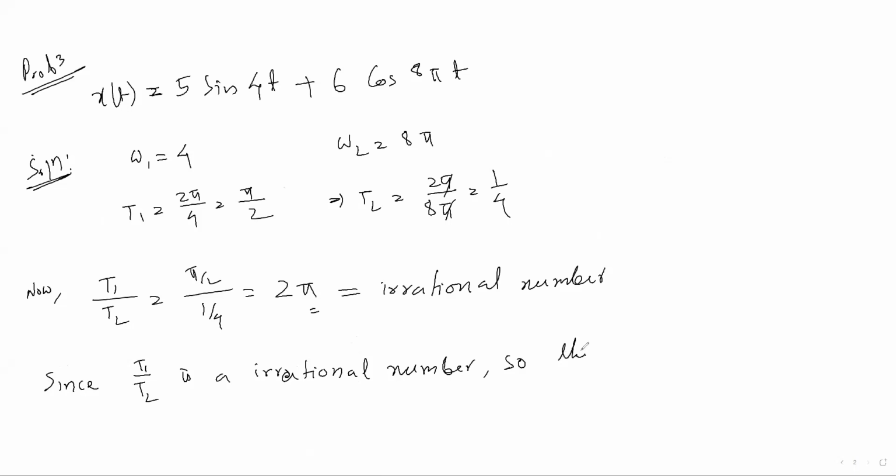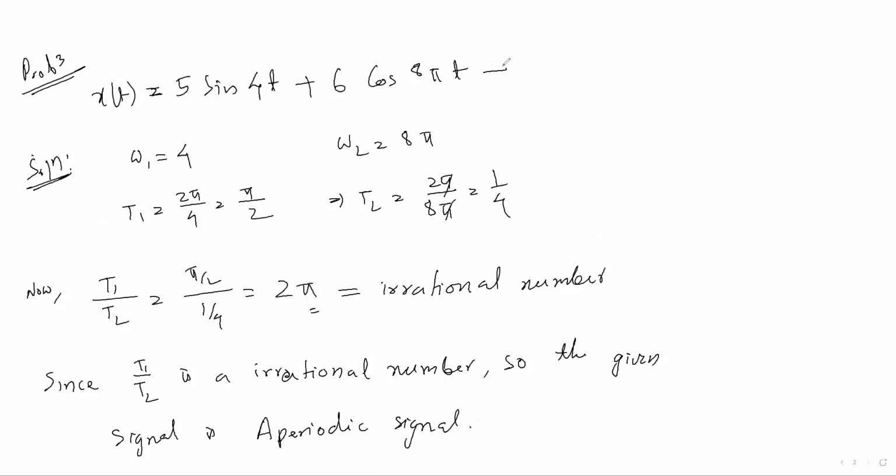the given signal is a what? Aperiodic signal. It is a non-periodic or aperiodic signal. Understood?